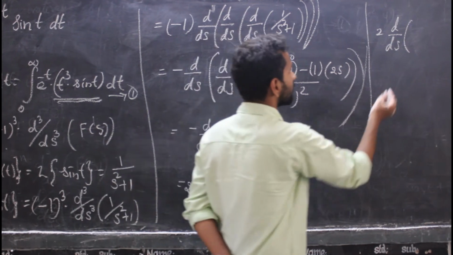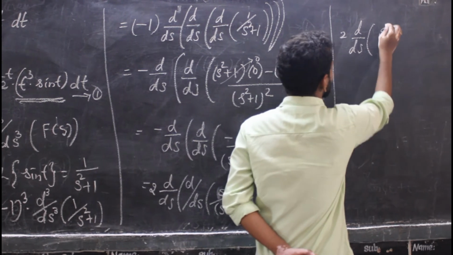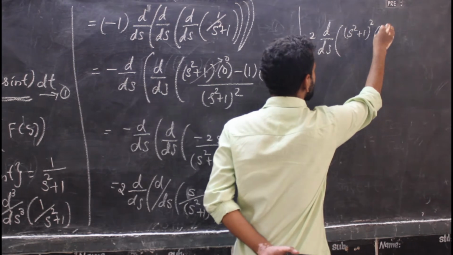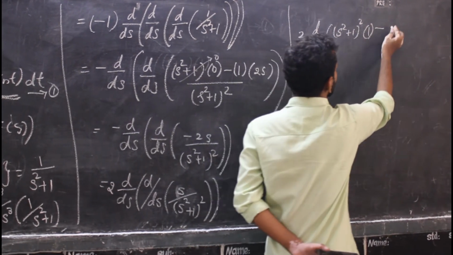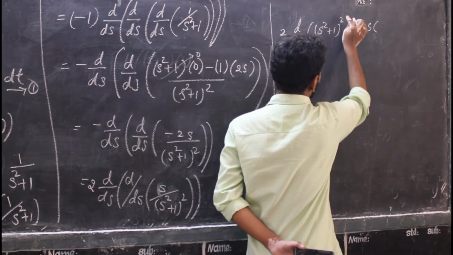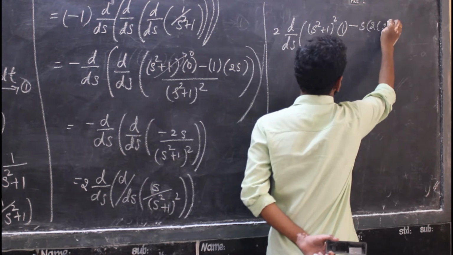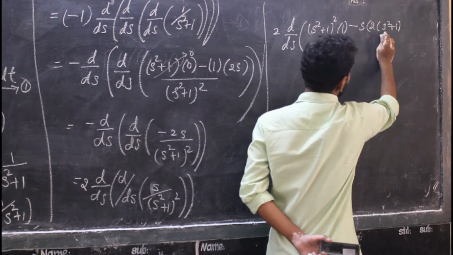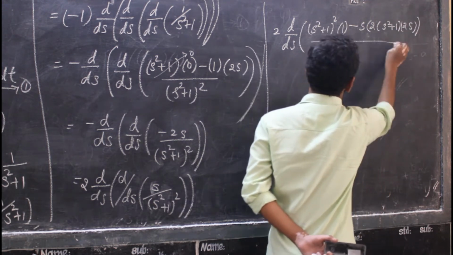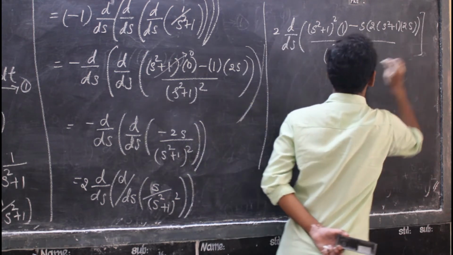As usual, u by v format I am going to use. This becomes s square plus 1 whole square into differentiation of s which is 1, minus s kept as constant, into differentiation of s square plus 1 whole square, which will be 2 into s square plus 1, again into differentiation of s square which is 2s, divided by s square plus 1 whole to the power of 4.